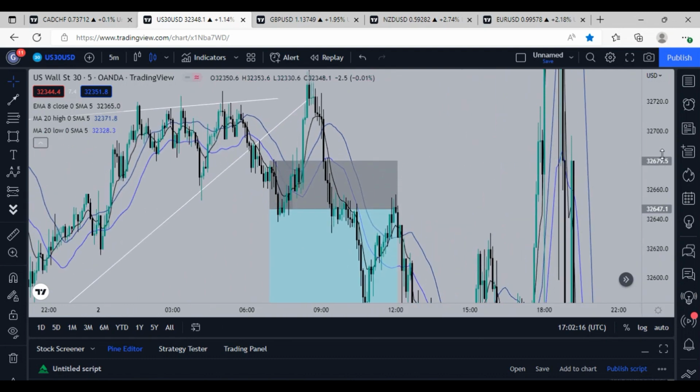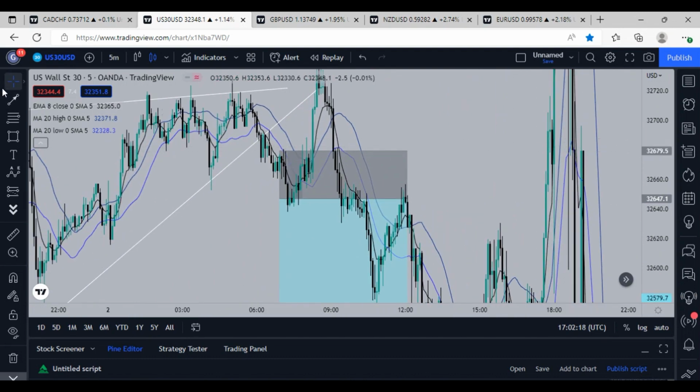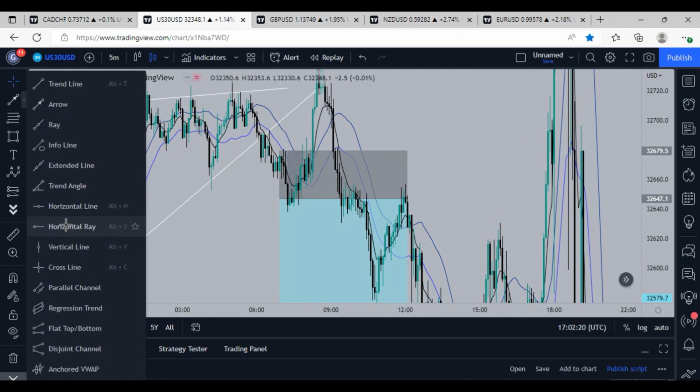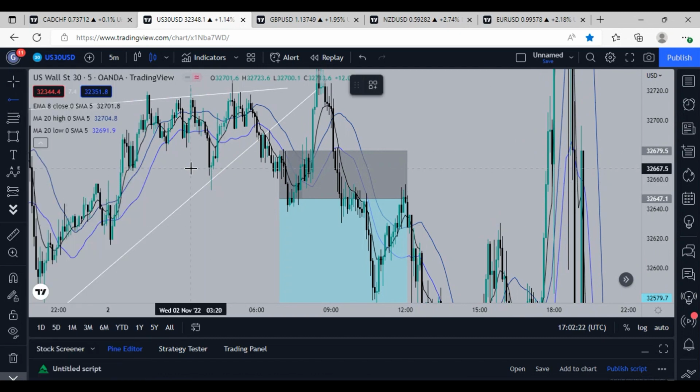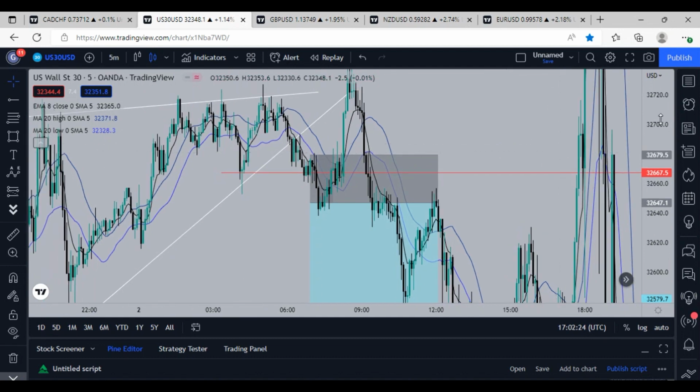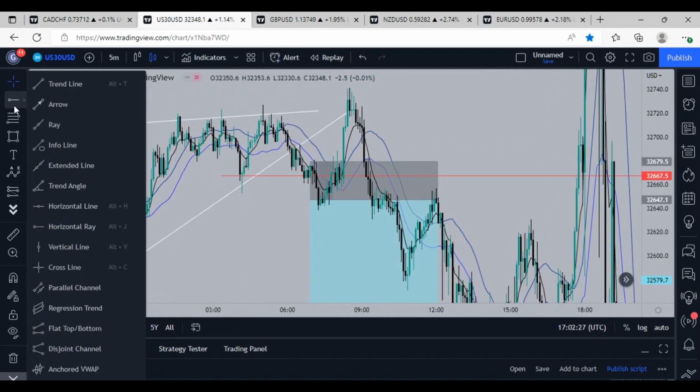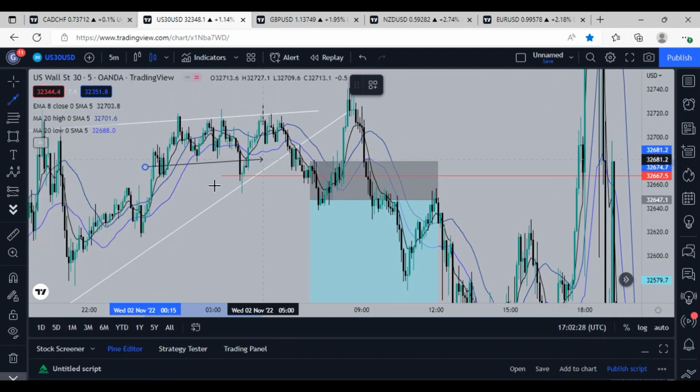Right, now I had set my stop loss right over here because this was where you could have set your stop loss when you entered for the breakout, okay?